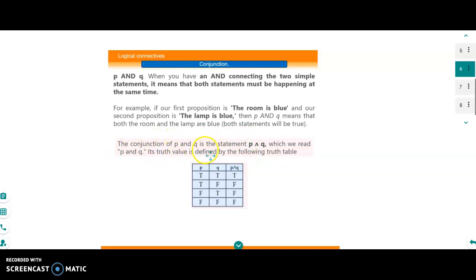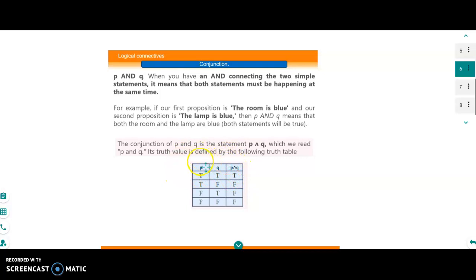Its truth value is defined by the following truth table. So we are going to build these truth tables. We always have the first proposition, P, true, true, false, and false, always the same. For the second proposition, true, false, true, and false. This is a rule that we will always have when we have the connective and.